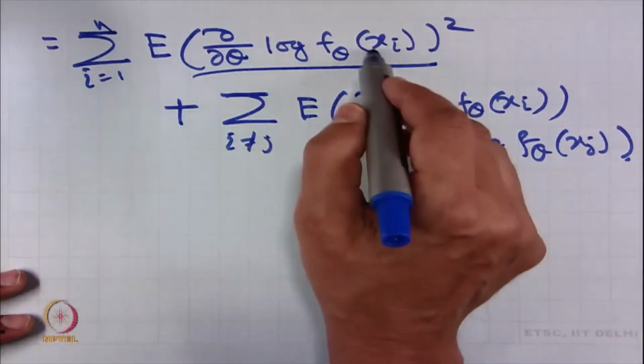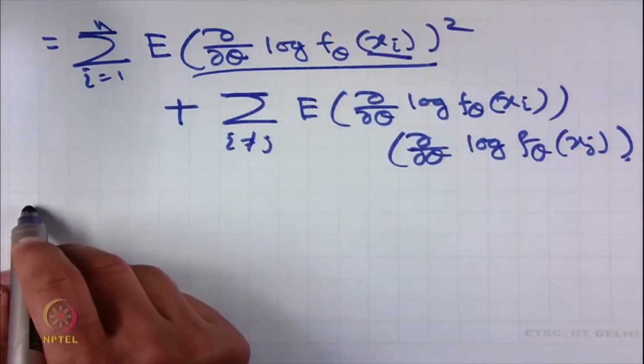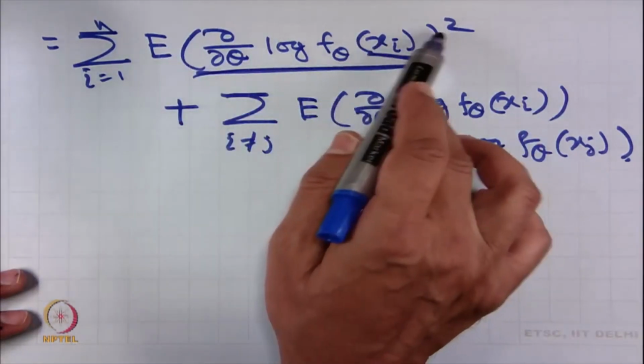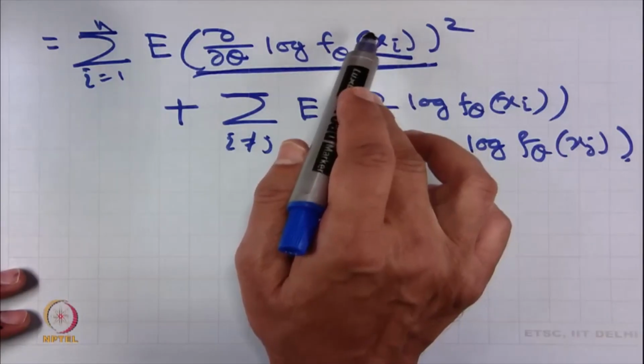Now, note that all xi's are identically distributed. Therefore, this term is same for all i.